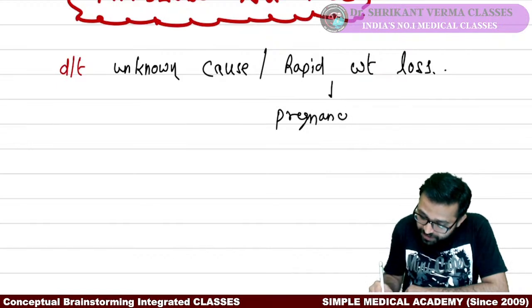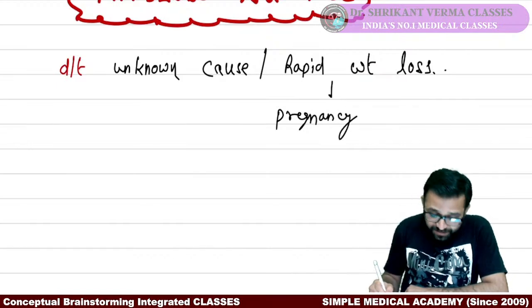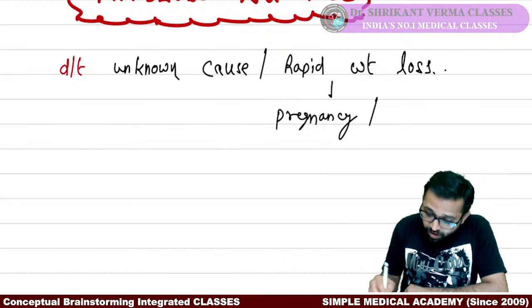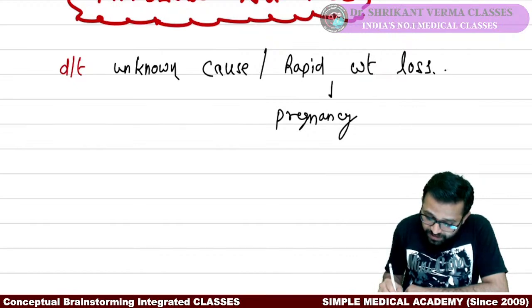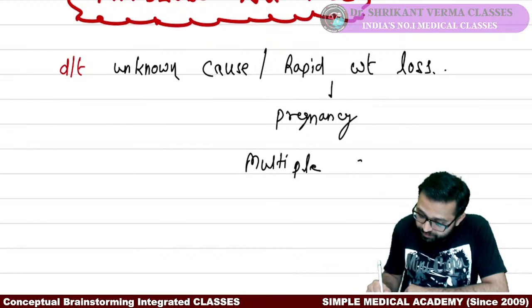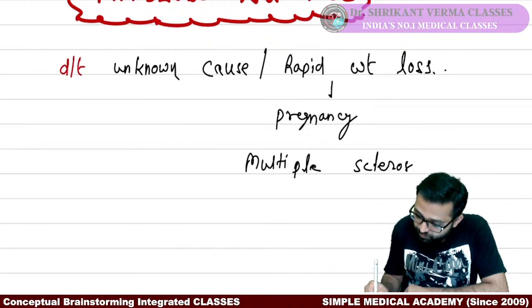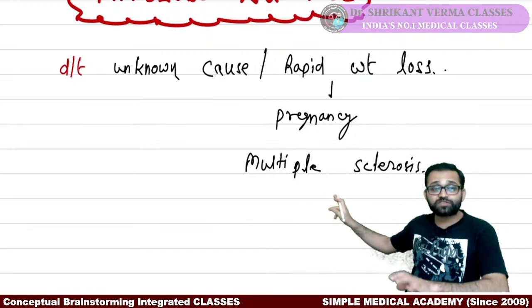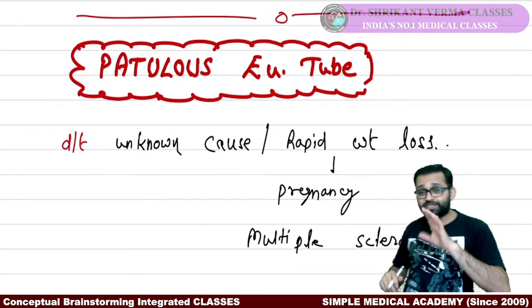So this situation can occur after the pregnancy, in the pregnancy. Also one more situation, that is multiple sclerosis. This multiple sclerosis is also related with the patulous Eustachian tube.